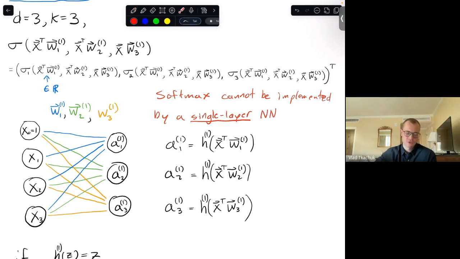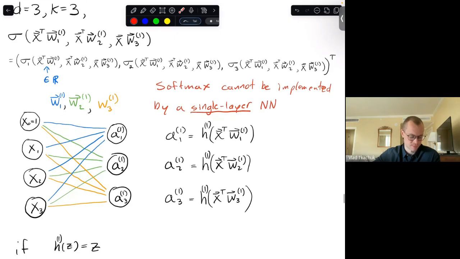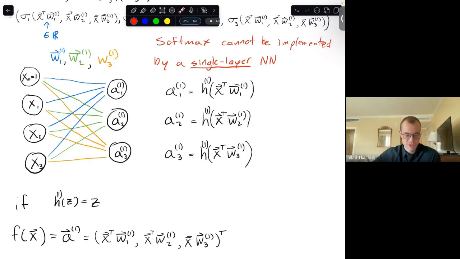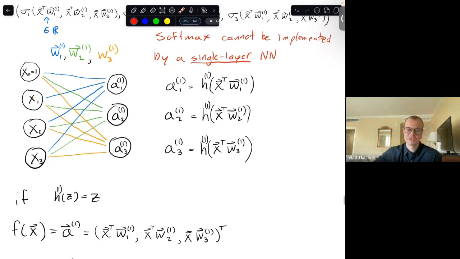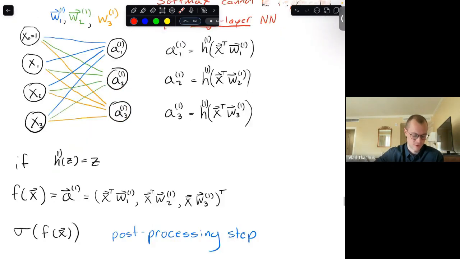And so this gives you two options, which is to add more layers to implement this softmax stuff, but that's kind of ugly and people usually don't do that. So what they do is essentially you just decide to add a post-processing step at the very end of the network, which just allows you to take as input all of these neurons and then just normalize by them. And this is commonly what is done.